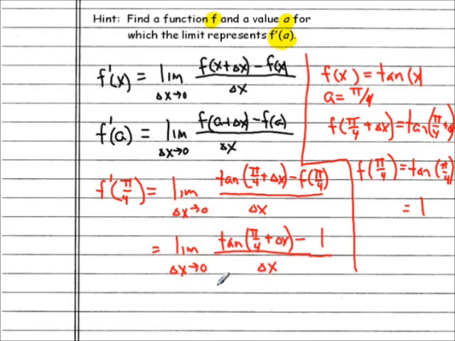And this is exactly the limit that we're trying to find. So our limit is nothing more than f prime of pi over 4. So if we could calculate f prime of pi over 4, we would be done.